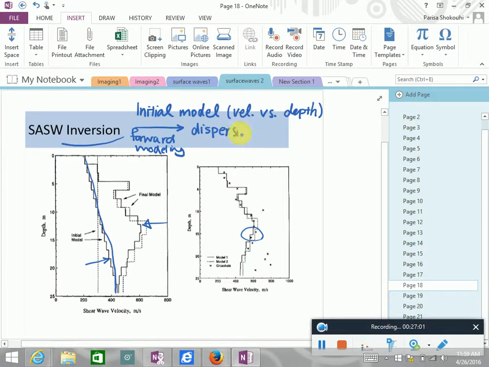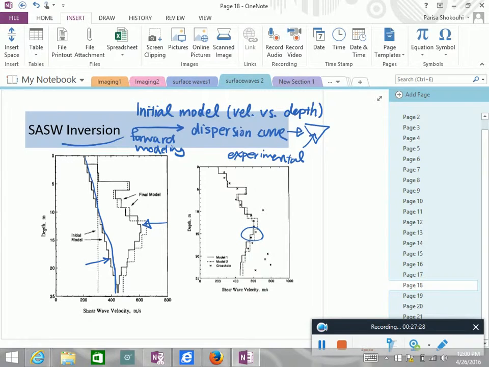You get the dispersion curve. You do SSW. And then you compare your dispersion curve with your experimental dispersion curve. And there will be a mismatch if your model is not correct. You use this mismatch to correct your initial model.